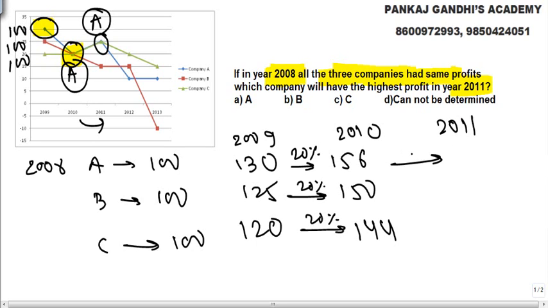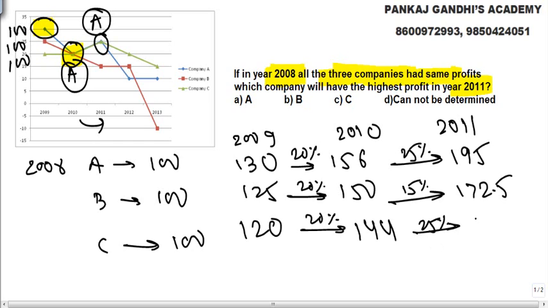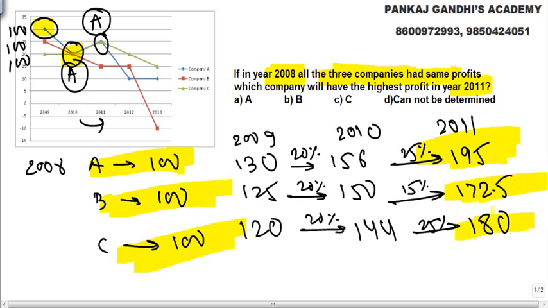Now in 2011 A grew by 25% of this 195, B grew 15% of this 172.5, and this is again 25%. We had already done it. Because the starting is given as the same, we already know who will be highest. The answer is A. Later C will go ahead.